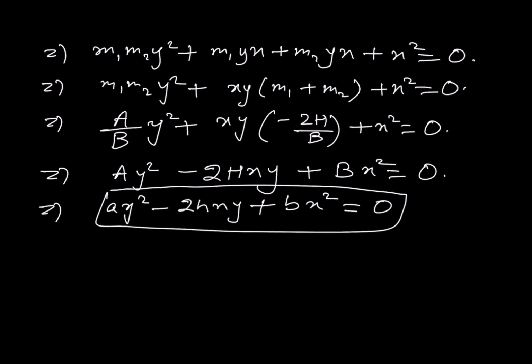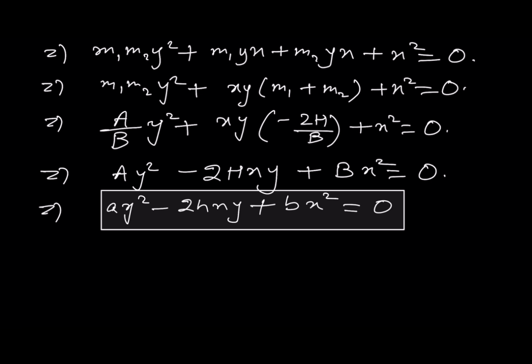So whenever we have to find a pair which is perpendicular to the given pair, what will be the change? We can interchange the coefficients of x square and y square, and we can change the sign of h.